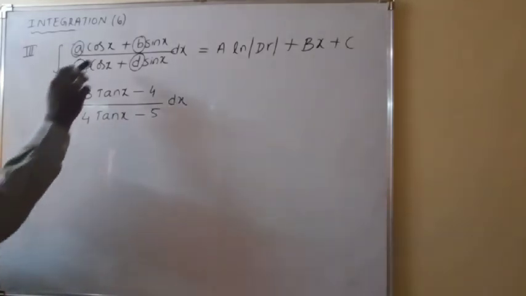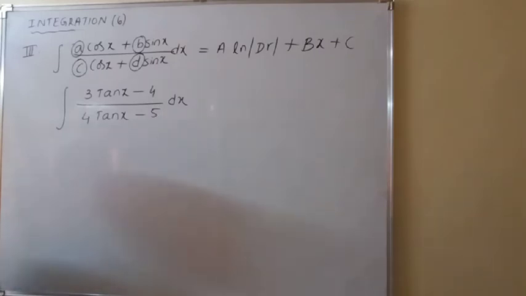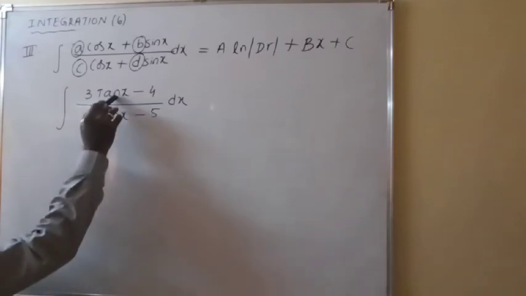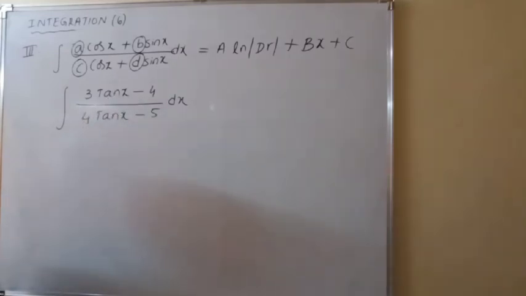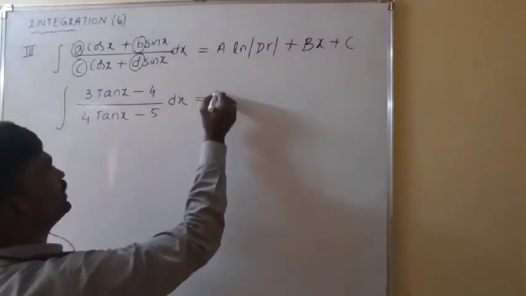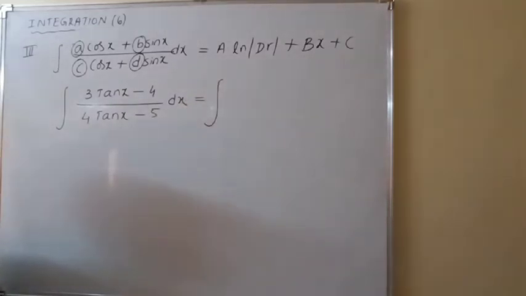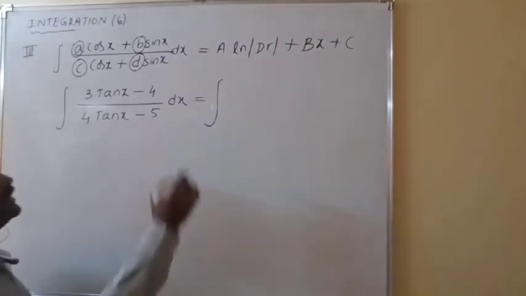Is it in that form? No, we have to convert it into that form. How can we convert it? By writing tan x as sin x by cos x and taking LCM cos x.